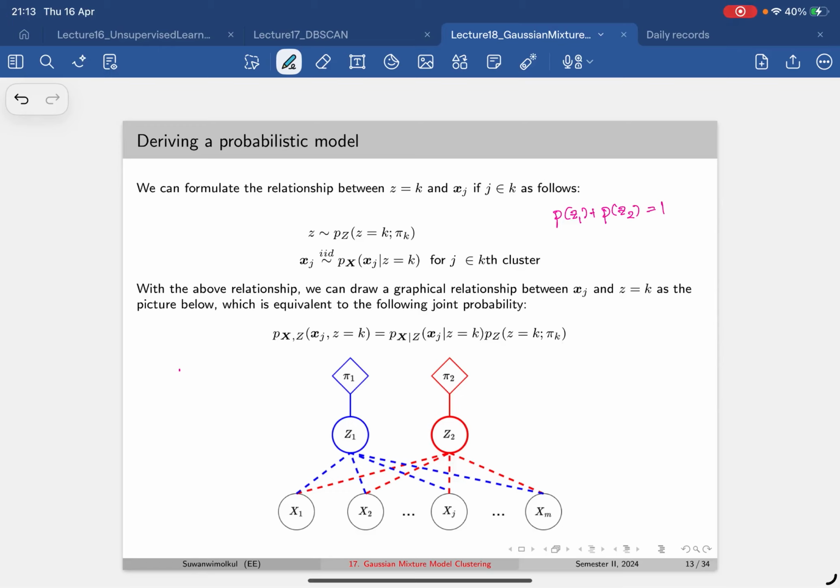It reminds you of some probability, especially if you think that Z is representing the cluster. So the cluster number is actually an integer. So if you change the notation a little bit, you write it like that.